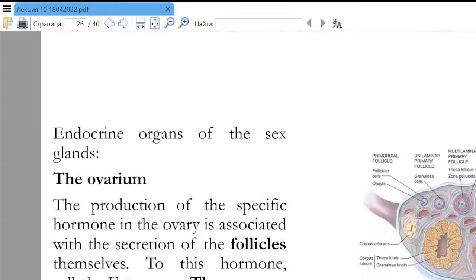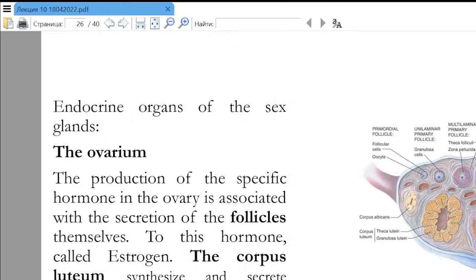Next question, endocrine organ or the sex glands. It is the ovarium and testes. In the ovarium, the production of the specific hormones is associated with the secretion of the follicles themselves. The hormone is called estrogen.